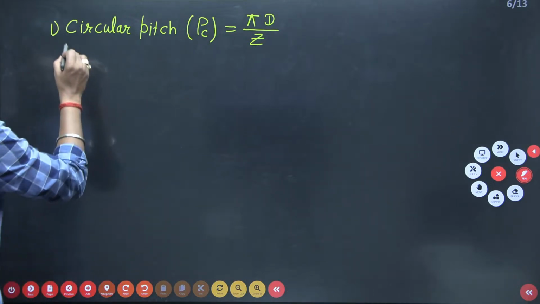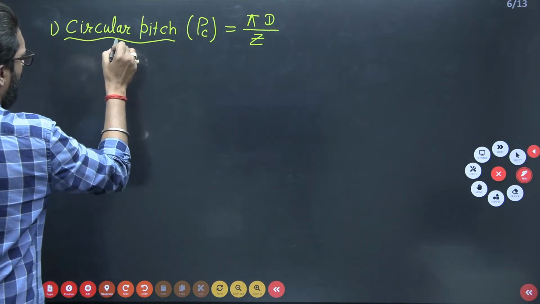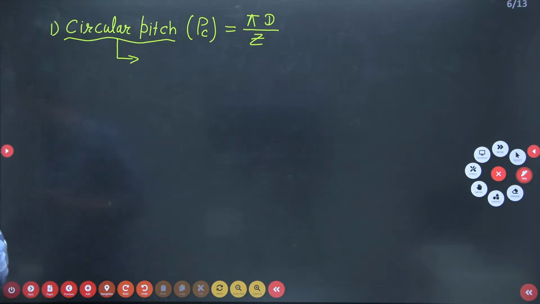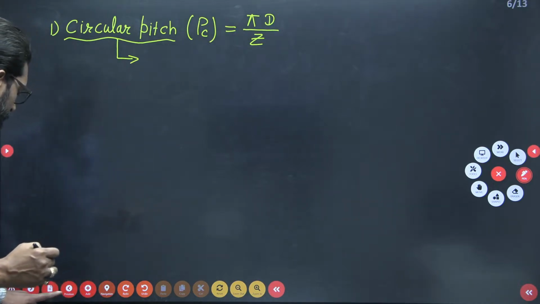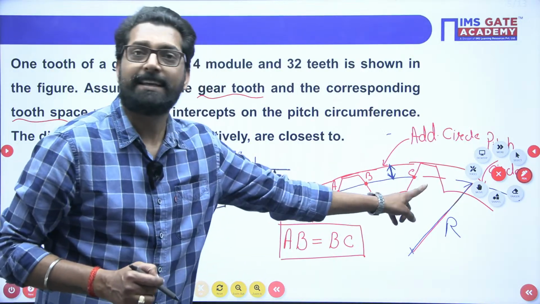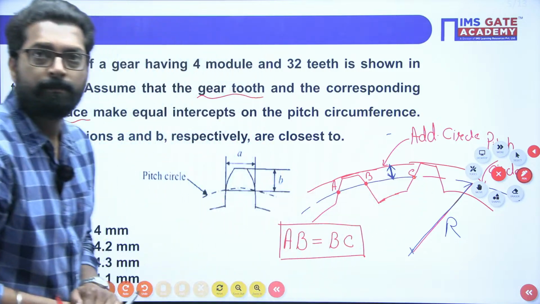What is the circular pitch, beta? How to measure the circular pitch? This is your distance between A and C. This distance between A and C is your circular pitch.